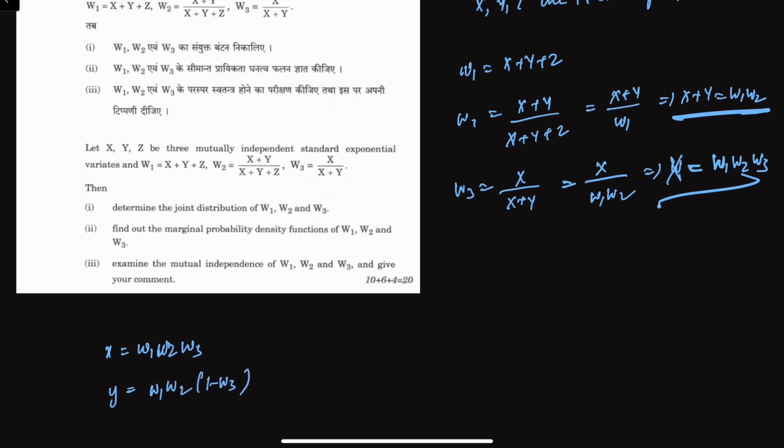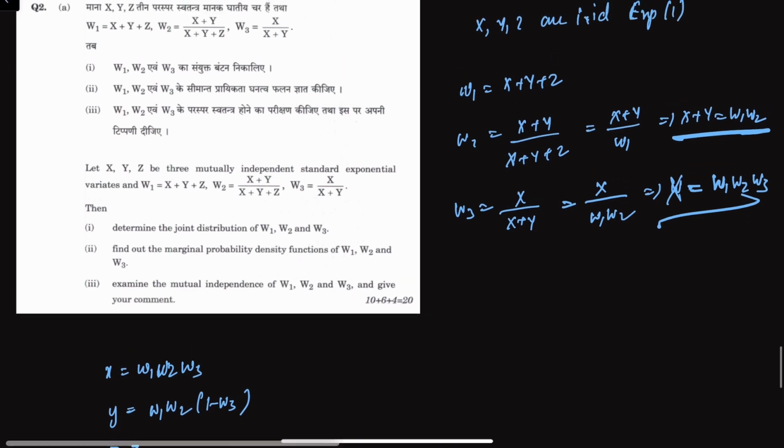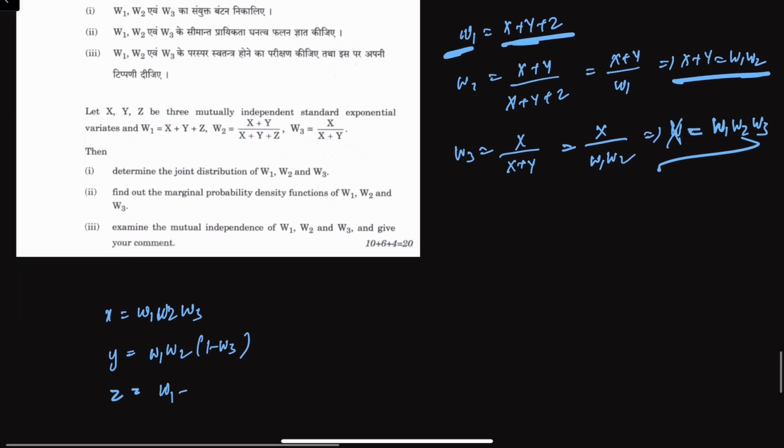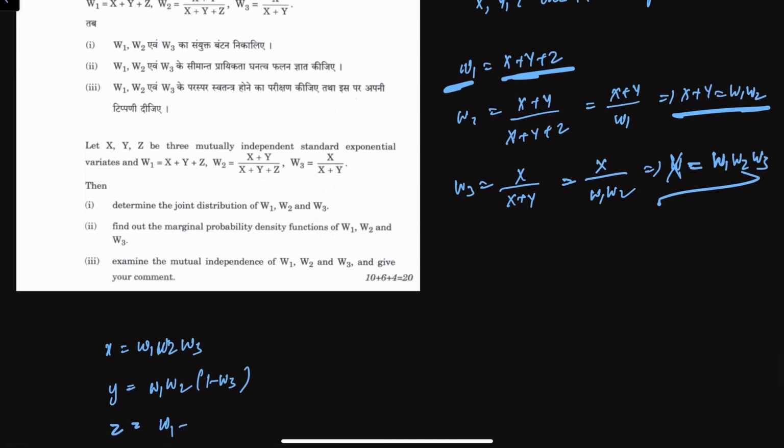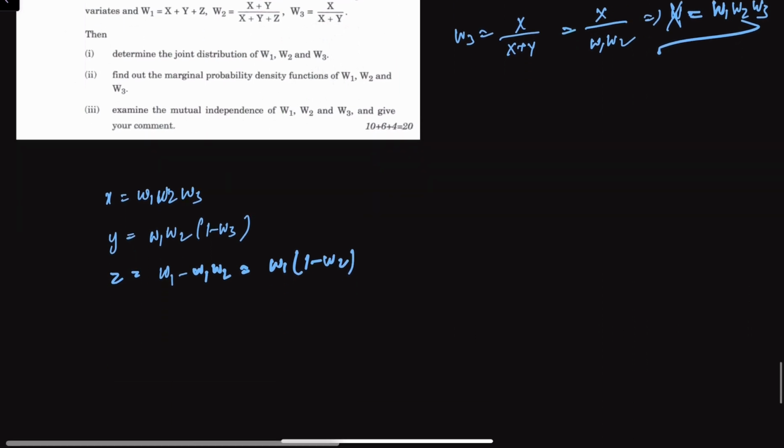And Z is (X plus Y plus Z) minus (X plus Y), and X plus Y plus Z is just W1, so W1 minus (X plus Y). X plus Y is W1 W2, therefore W1 into (1 minus W2) is our Z.